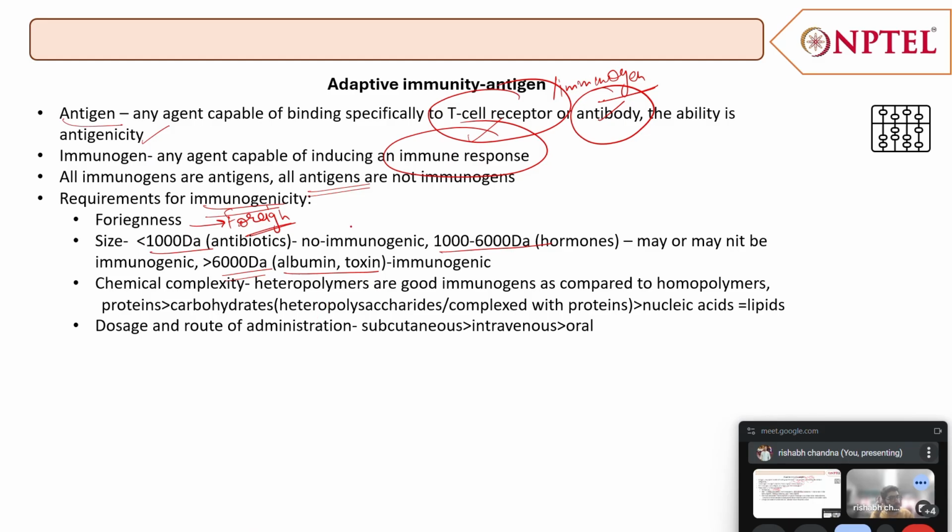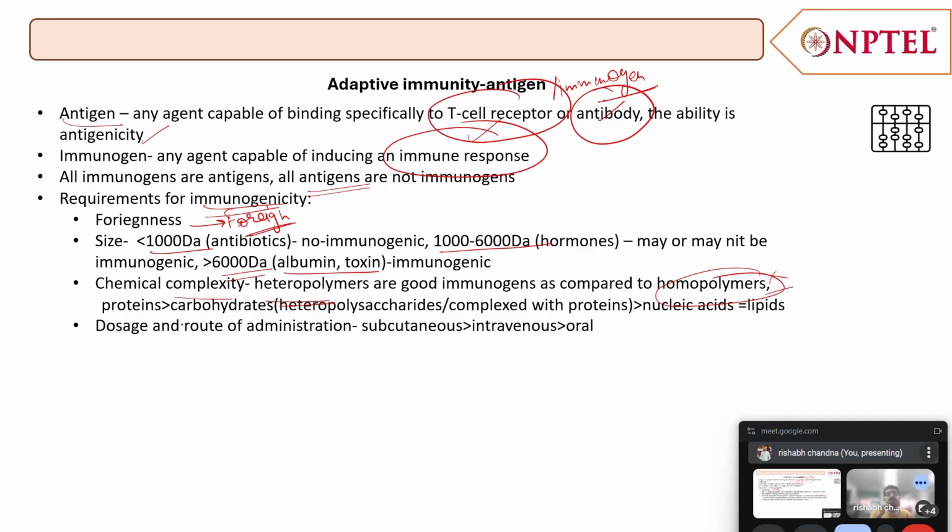Then the chemical complexity. Heteropolymers, for example proteins, which are heteropolymers of amino acids, and heteropolysaccharides can be immunogenic, but homopolymers are generally non-immunogenic, or they induce a less immunogenic response. In terms of biomolecules, proteins are the first, a good immunogen.